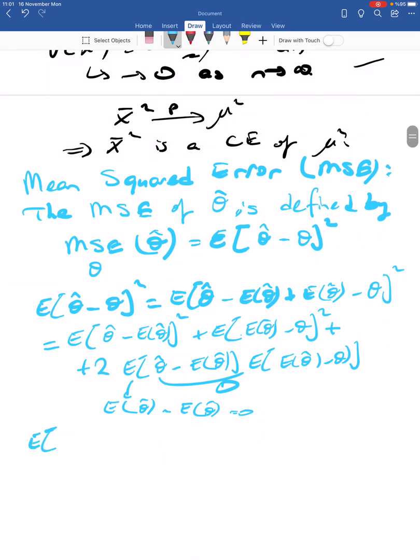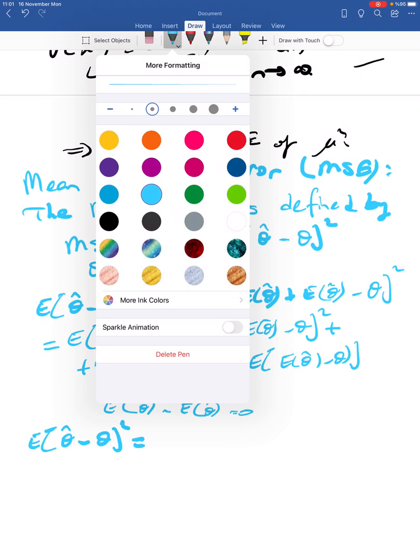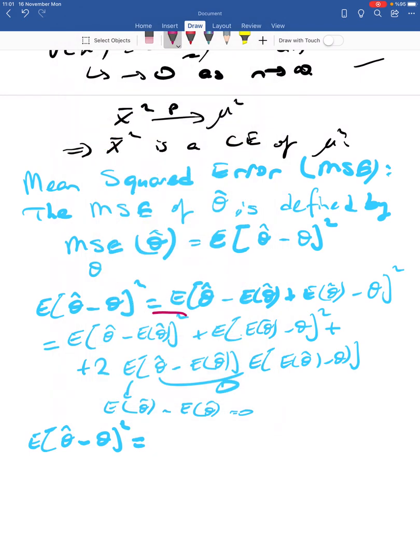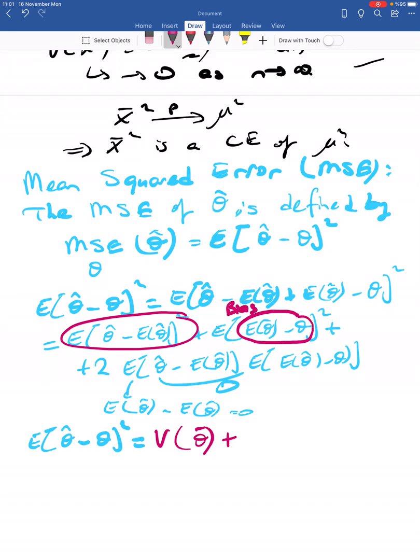So expected theta hat minus theta whole square can be written as, as you can see here, this part is the variance of theta hat, right? Plus this calculation is the bias. So we have bias of theta hat, whole square.